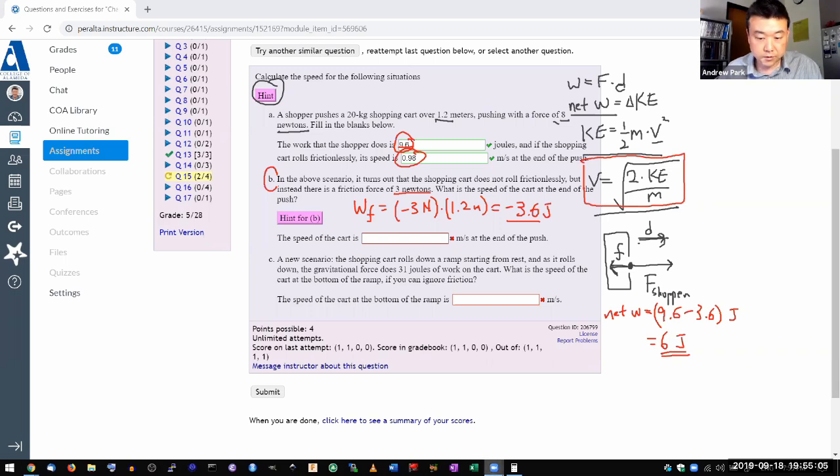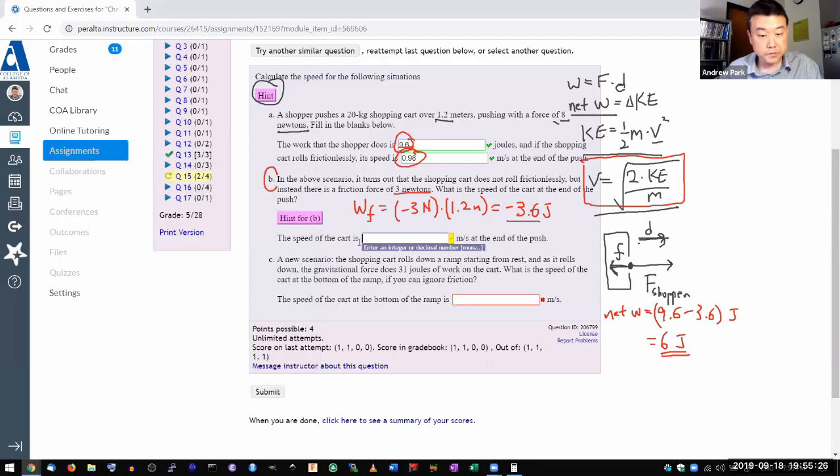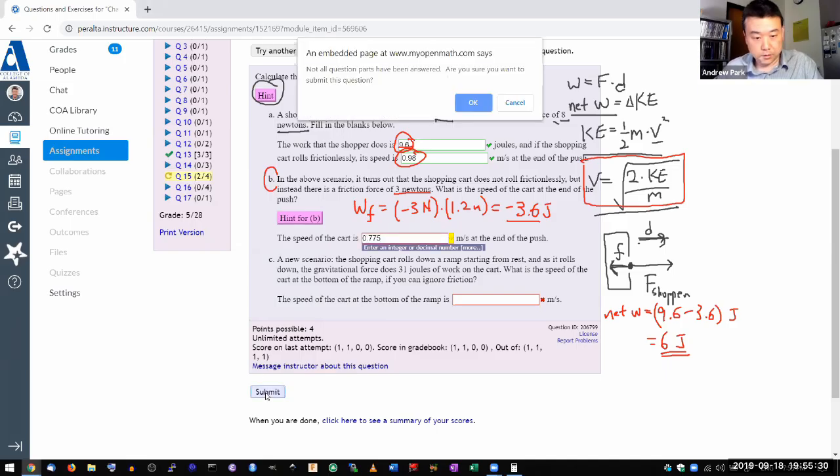So let's put that into the calculator and do that. So 2 times 6 divided by the same mass, 20, 0.6, that's the thing under the square root. So take the square root, I get 0.775 rounded to 3 significant figures. 0.775, let's hope it's correct.